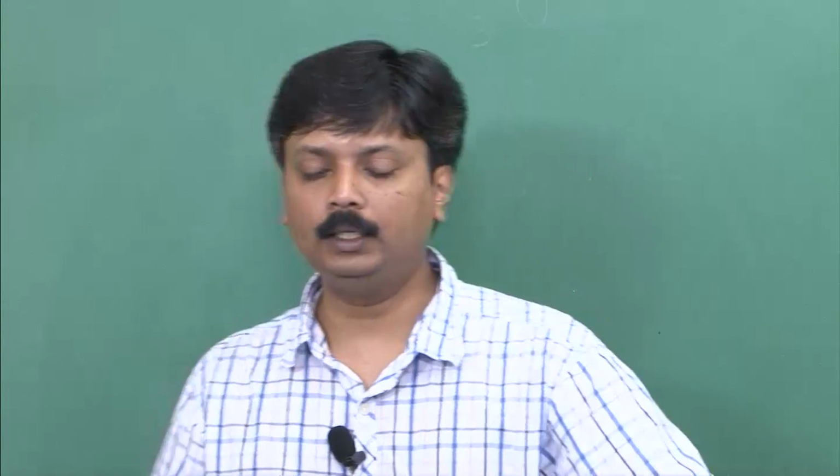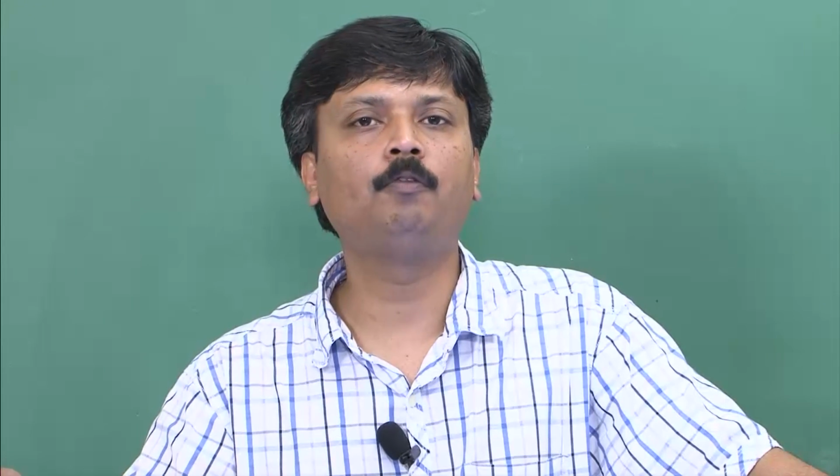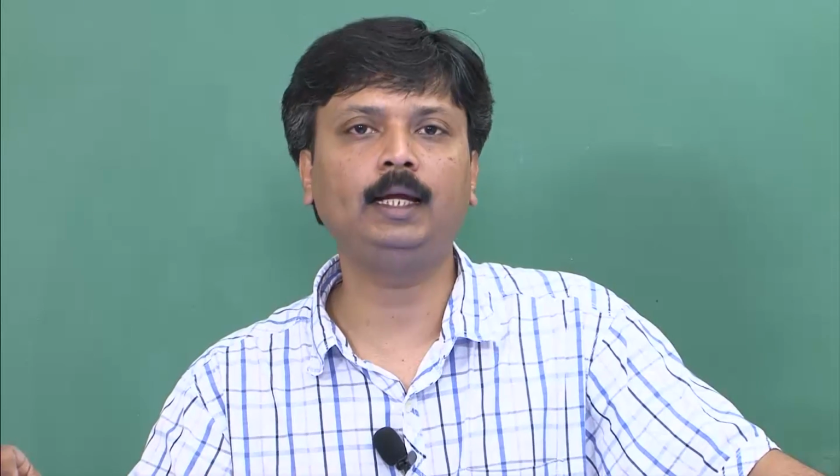What are the things that we need to do in order to find out whether some symmetry operations belonging to a particular molecular structure will form a group or not? First, we have to determine the shape of the molecule. Once I know the shape of the molecule, I have to find out all the symmetry elements that are present for that molecular structure.